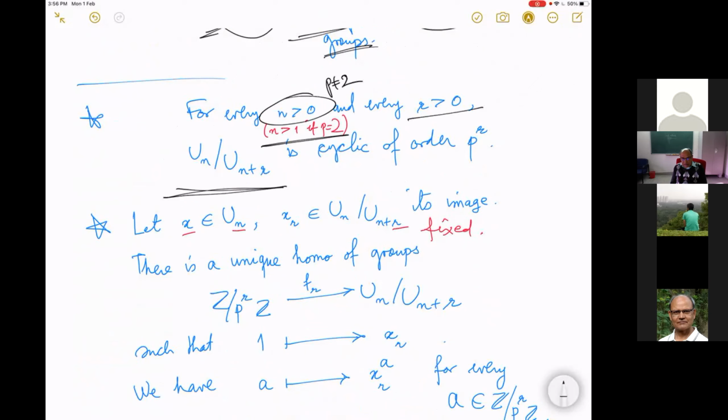And for every r, you have the assertion that U_n modulo U_{n+r} is cyclic of order p to the r.